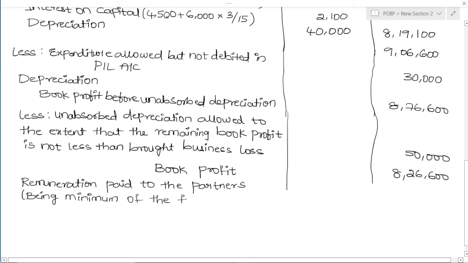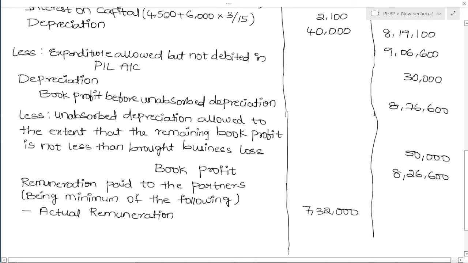First one, actual remuneration. We know it is 7,32,000, right? How did we get it? 2,44,000 plus 4,88,000 for Uttar and Dakshin, right? So 7,32,000 we got. Actual remuneration 7,32,000. Then the second one is maximum remuneration under section 40B.